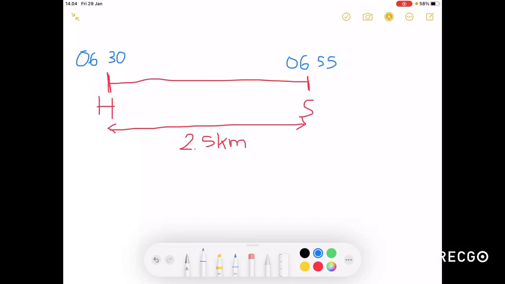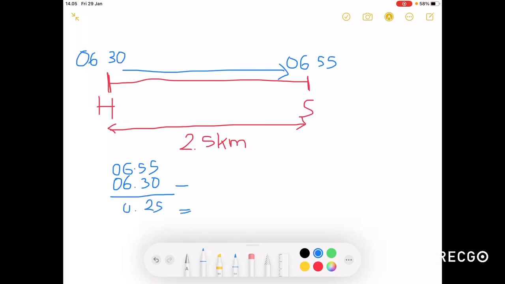So first you can just find the time needed for Angela to travel this distance, and you can just simply subtract the times right here, and you notice that this will leave us with 0.25, which means 0 hours and 25 minutes.